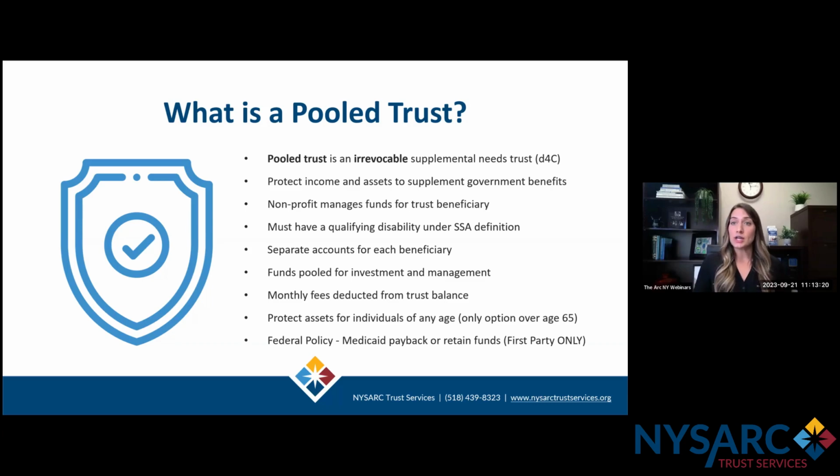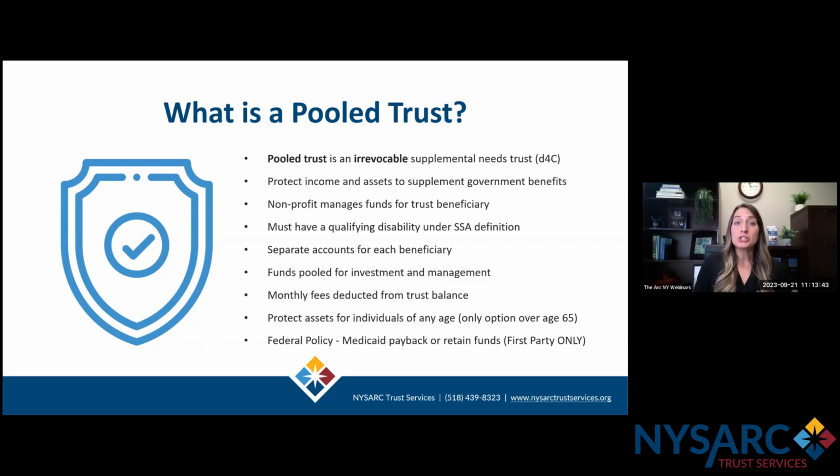While the funds in the trust are pooled for investment and management purposes, we maintain a separate account for each of the beneficiaries. So the money that the person puts into the account is their money, minus any cost of the trust administration, that's there for them to use for the items and services that they want to purchase from the trust.